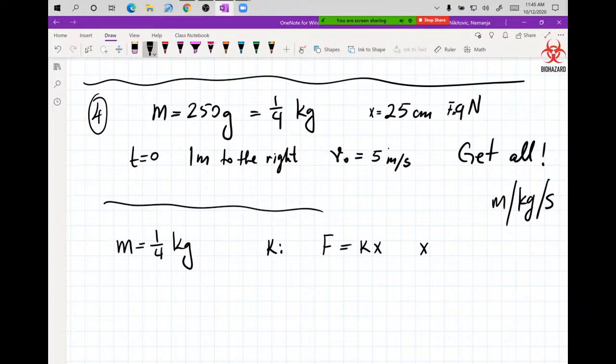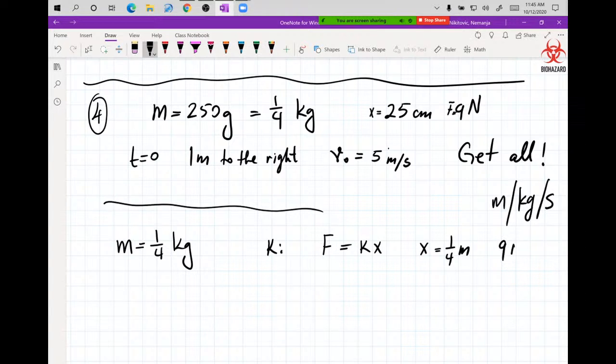Well, my x of 25 centimeters is no good. We have to convert that to meters. So 25 centimeters is 1/4 meter, because 1 meter has 100 centimeters, which means 25 centimeters is 1/4. Therefore, it's 1/4 meter. And 9 newtons.